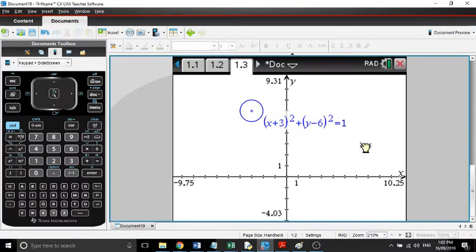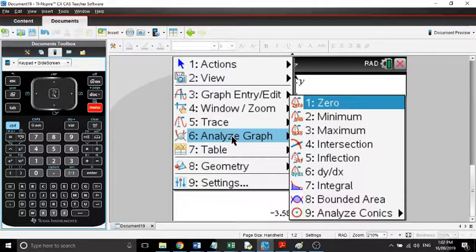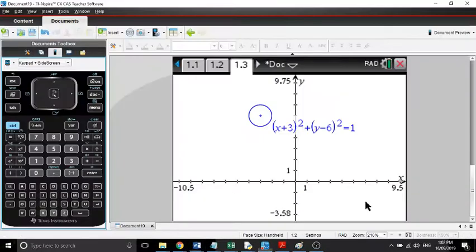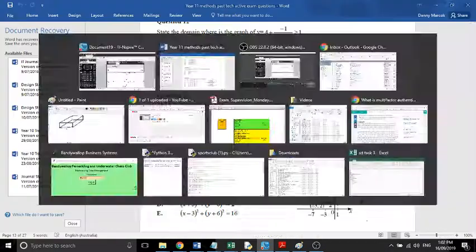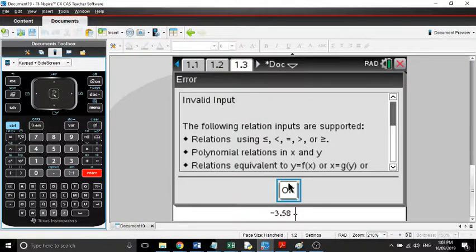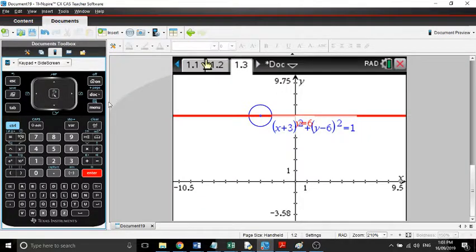So we've got that there. Menu, analyze graph. Oh, sorry, we're going to graph y equals 6 to see what we have for 6. And we're going to check for some intersections.